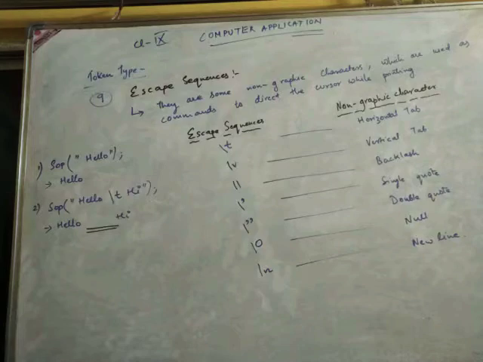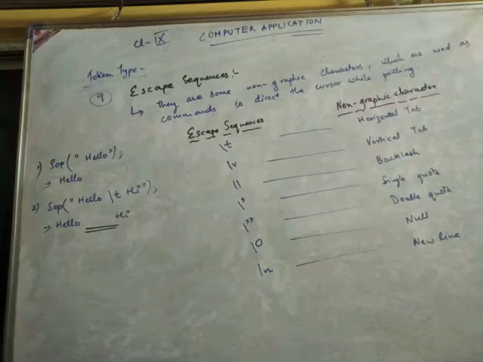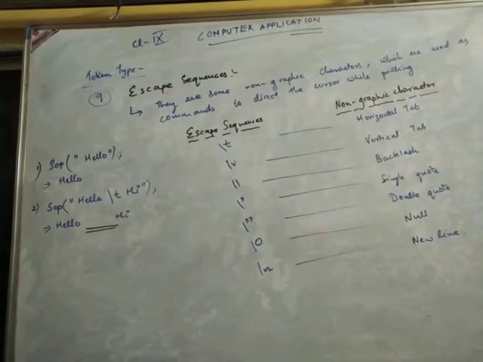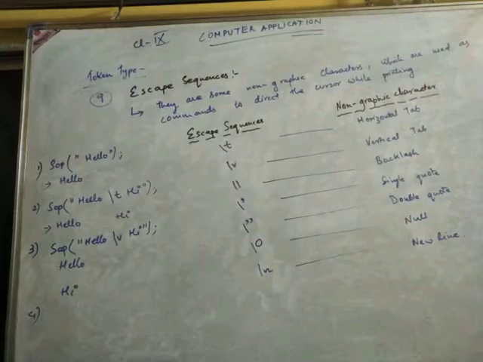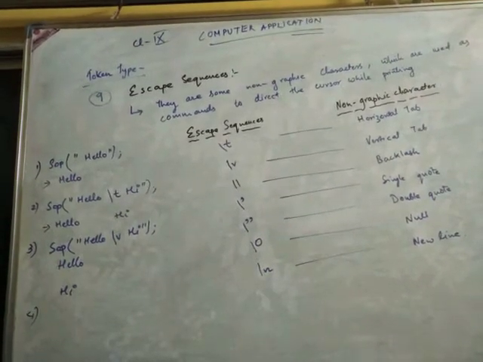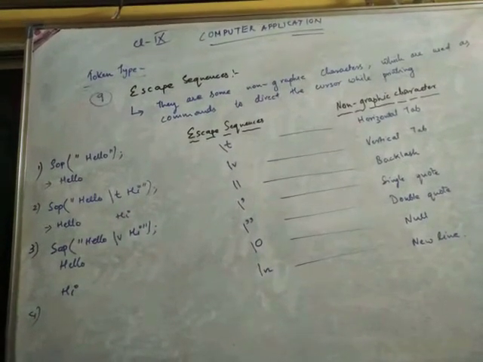So whenever it encounters slash t in the double quotation of your system.print, it will take a tab space. Clear? The same happens with vertical space. If you use slash v, there will be a vertical space down. So if you use hello slash v hi, hello will be printed on the screen, then a vertical space, then hi will be printed on the screen.